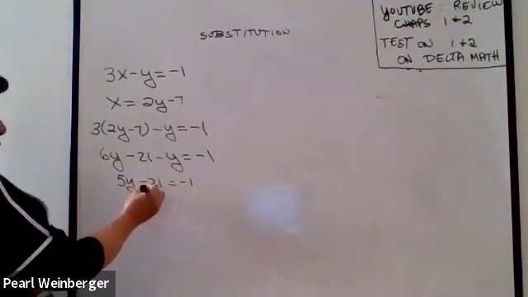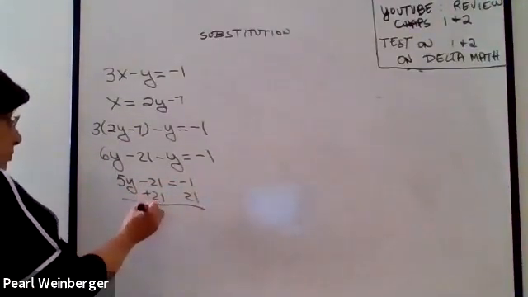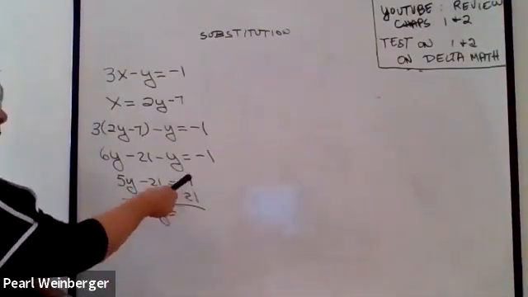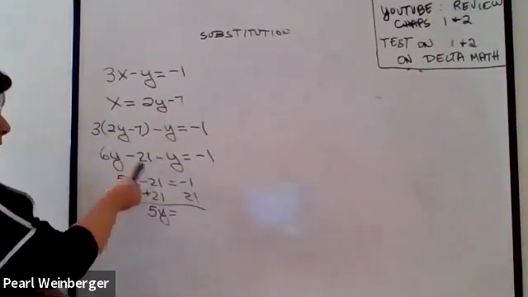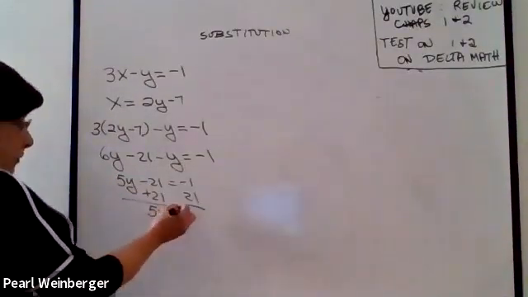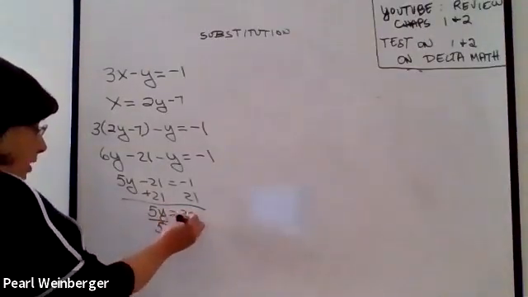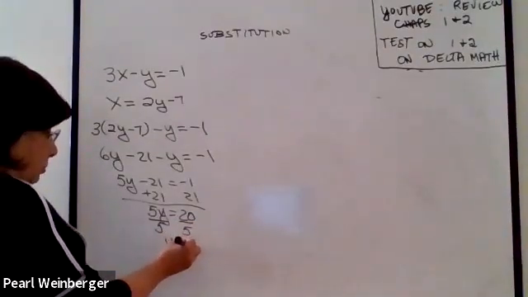So I'm going to add 21 to both sides to get the y's alone. So this will give me 5y. Be careful with your signs: -1 plus 21 gives me a positive 20. And when I divide by 5, it gives me that y equals 4.